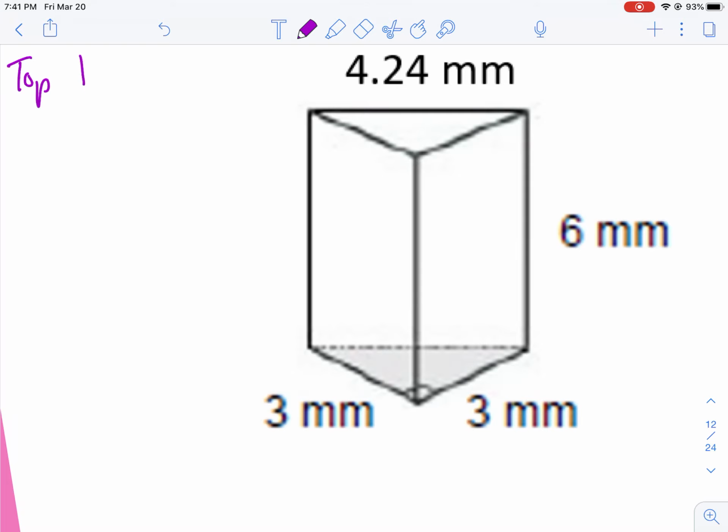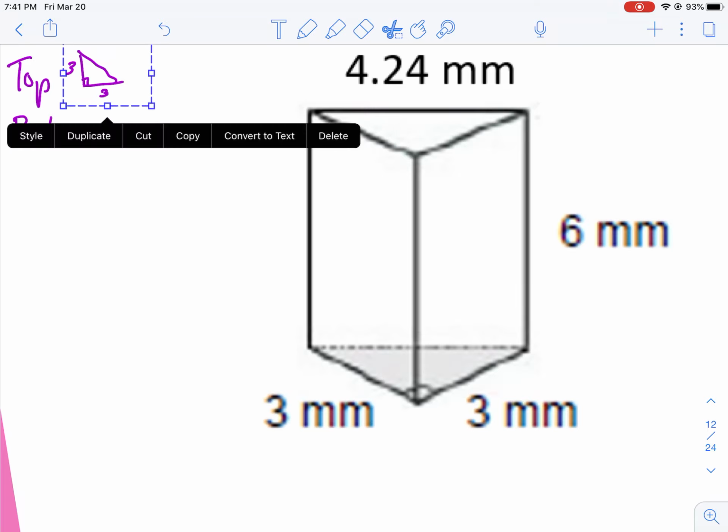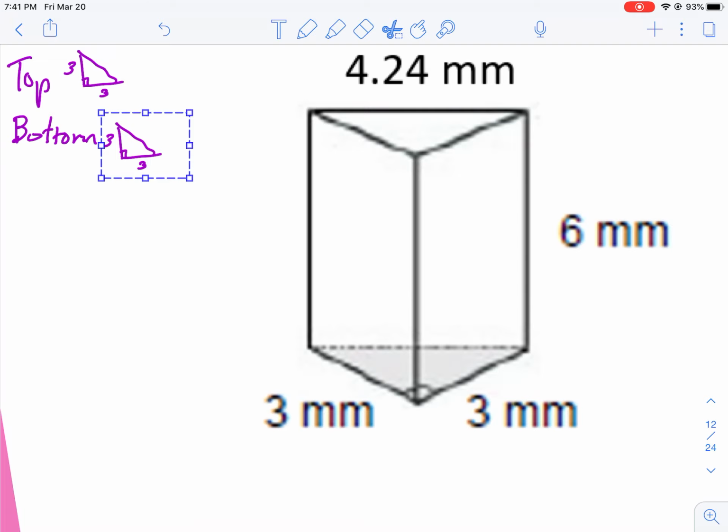So we have a top part, which is going to end up being a triangle shape that's 3 by 3. We have a bottom, which is that same triangle part here. I think it's kind of funny I'm pasting such a bad picture of a triangle. We then have the back, which is a rectangle. What do we know about that back?